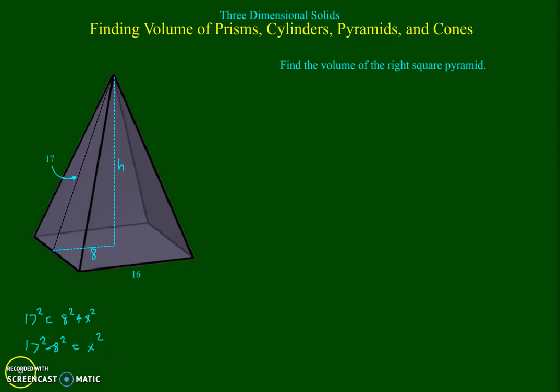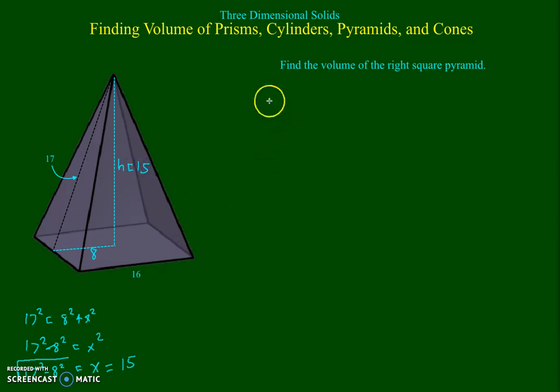Take the square root of both sides, and the square root of 17 squared minus 8 squared equals x. And this is going to come out to exactly 15. So I know that h is equal to 15.